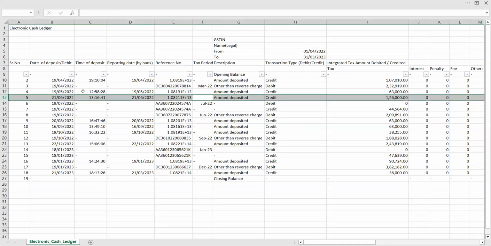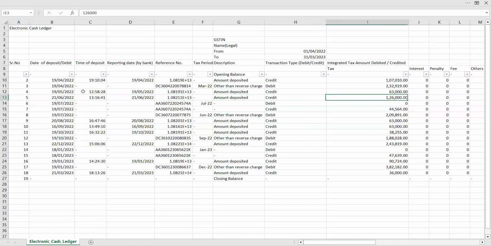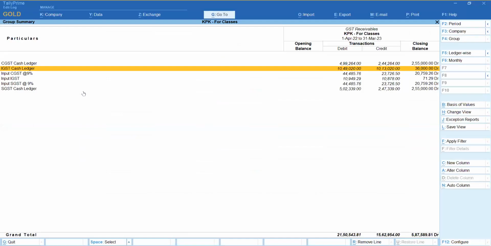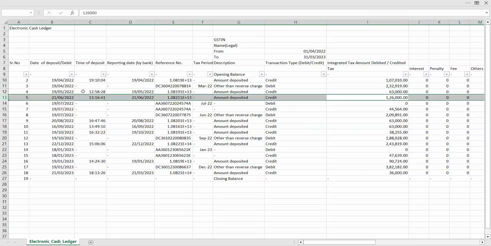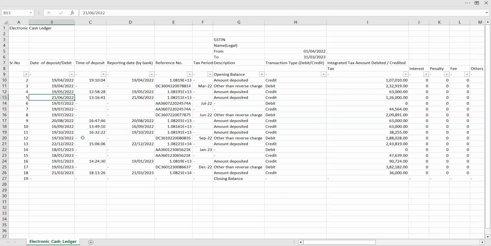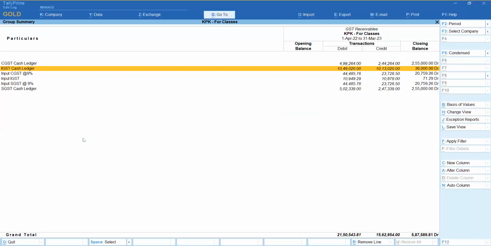You see, on 21st June, there is a deposit of 1,26,000. This is in IGST, you see the column. The date of transaction is 21st June. On 19th May also there is a deposit, a credit of 63,000. So this is again IGST.